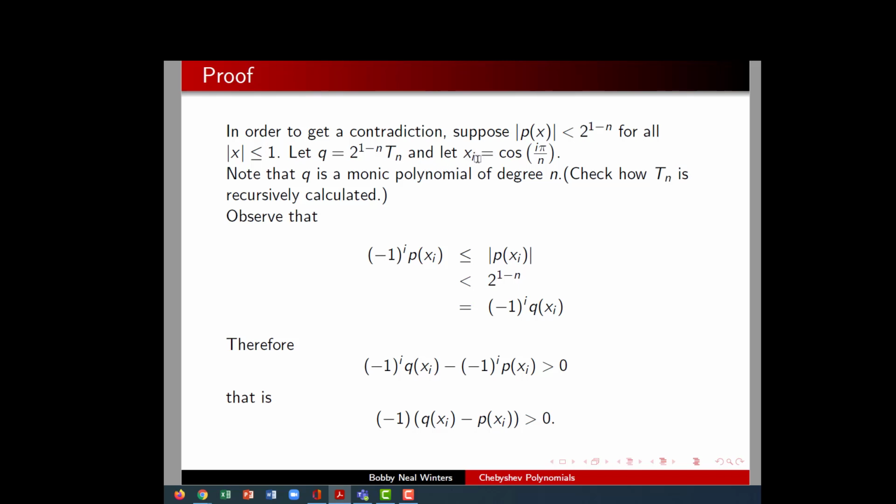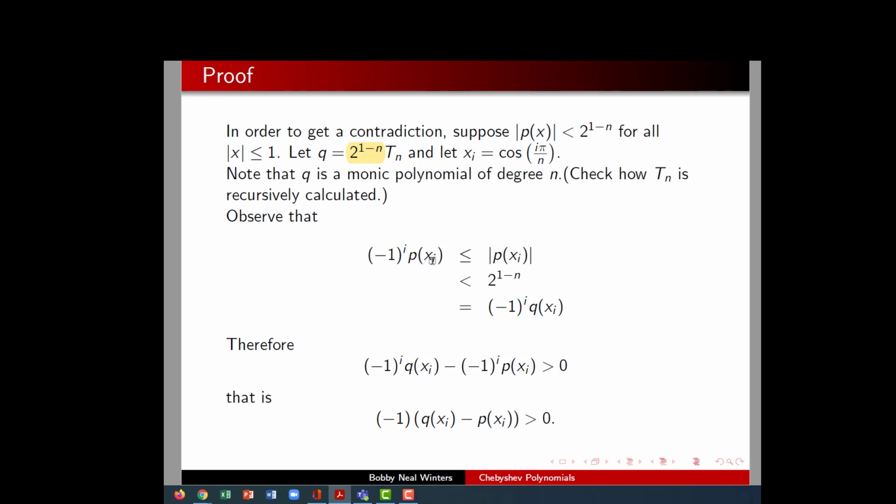And let's let x sub i be cosine of i pi over n. So note that q is a monic polynomial of degree n. Again, just what we noted when we were working through them, that all the leading coefficients were powers of 2. Well, this is exactly the thing you need to multiply through to make it a monic polynomial.